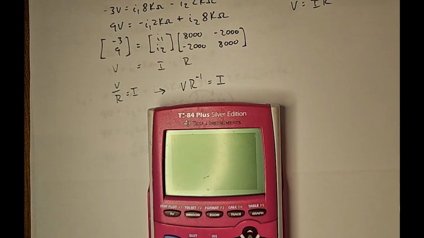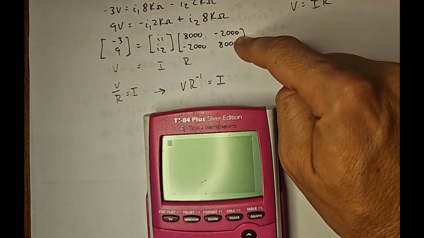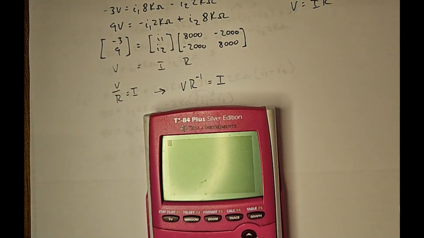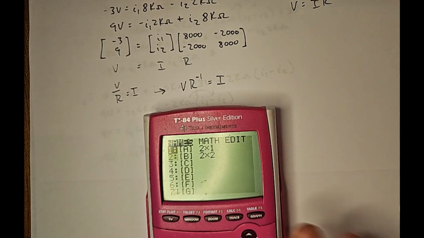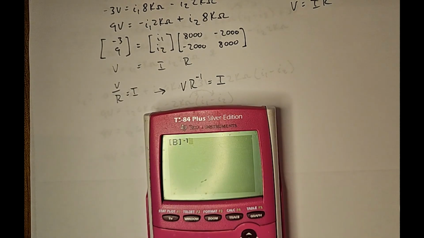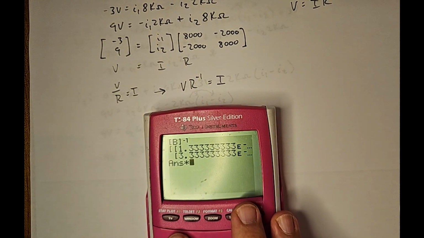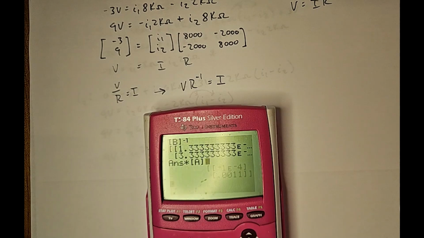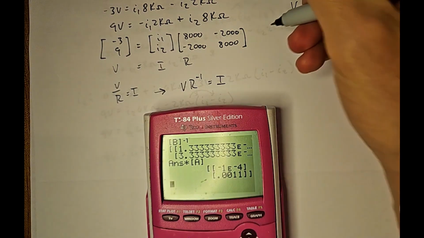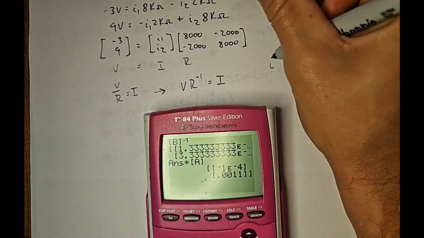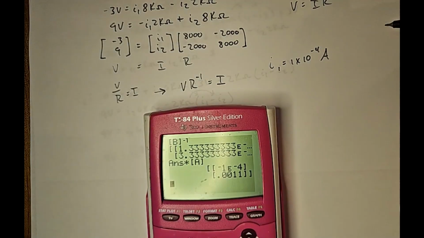Okay, so we know we need the resistance to be inverted. So we take that one, raise it to the power -1, and multiply it by our first one. This gives us 1 times 10 to the -4 for I1, and that's in amps.